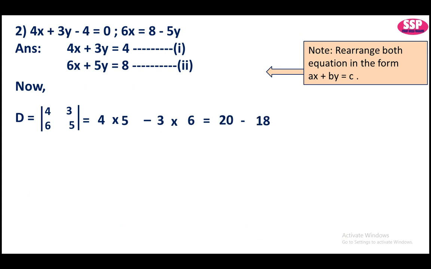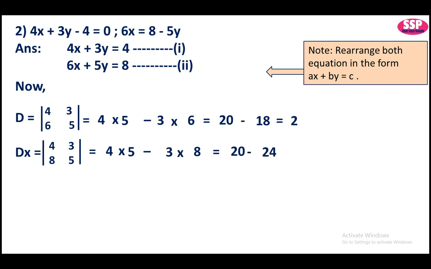Now dx is equal to, instead of x coefficient, take constant c1 and c2 and keep y coefficient as it is. We get 4 into 5 minus 3 into 8 is equal to 20 minus 24 is equal to minus 4.